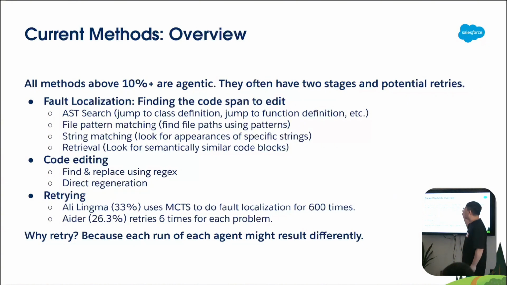Stage number 1: given an issue and a repo map, or you need to index the whole code base to do RAG. After all that pre-processing, the first thing is, given the code issue or the GitHub issue, you need to find out which files you want to change, and which code spans, which code blocks, you want to change.